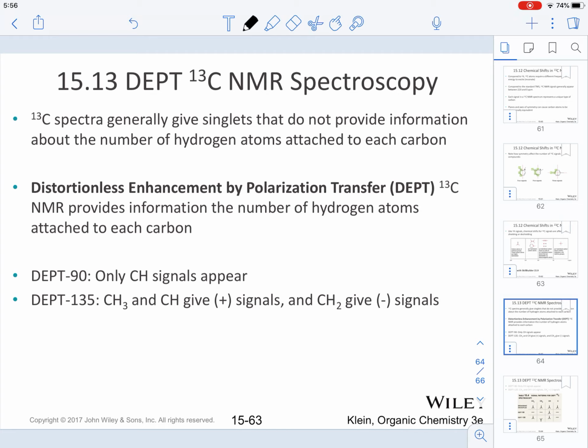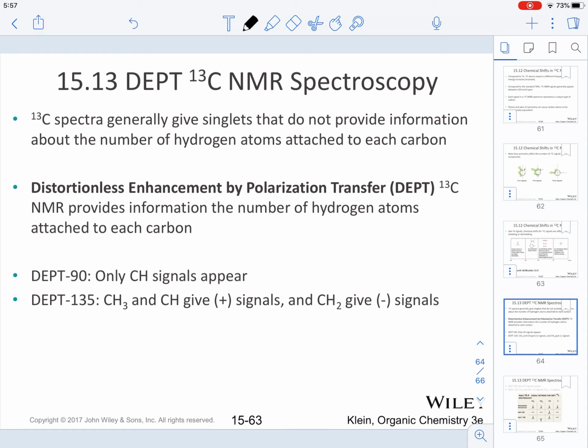Understand that carbon-13 spectra generally give singlets that do not provide any information about the number of hydrogen atoms that are attached to each carbon. Now, if a DEPT 13 experiment is performed, and DEPT stands for distortionless enhancement by polarization transfer, then this NMR experiment provides information about the number of hydrogen atoms attached to each carbon.